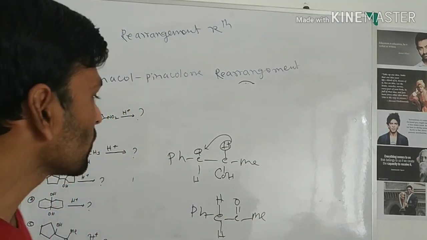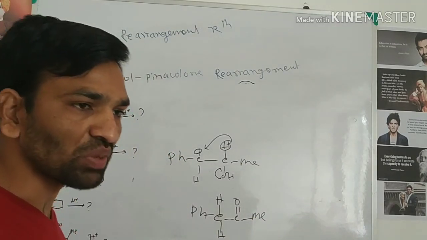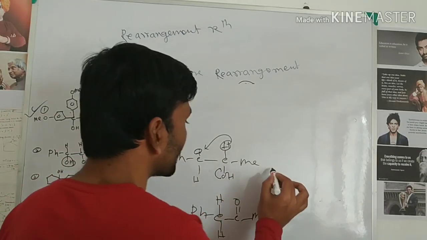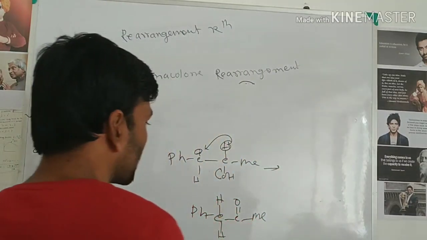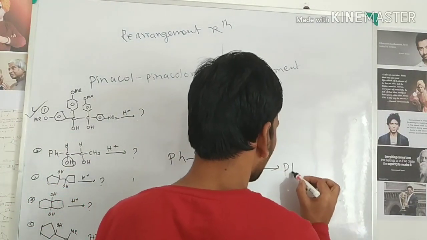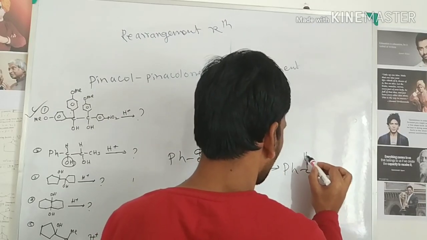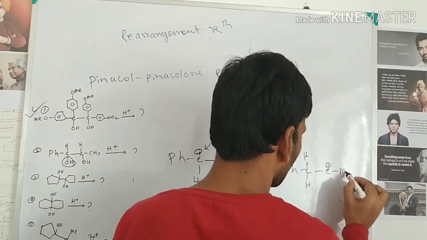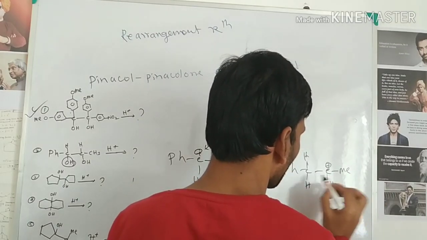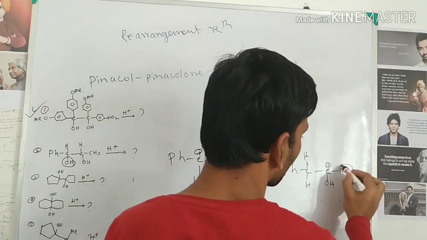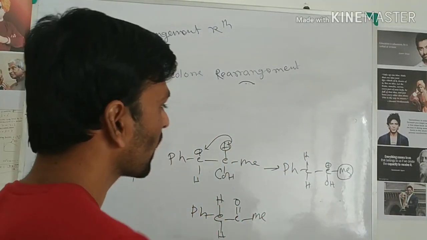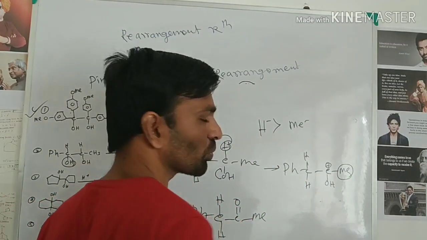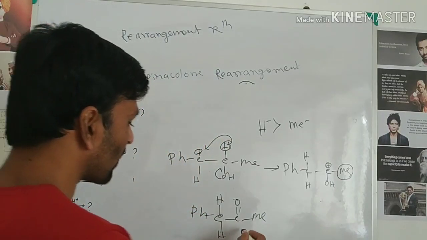The migratory aptitude of hydride is more than methyl, because after the migration the carbocation formed here is more stable due to the presence of methyl. So the migratory aptitude of hydride is more than methyl groups. So this is the final product of this reaction.